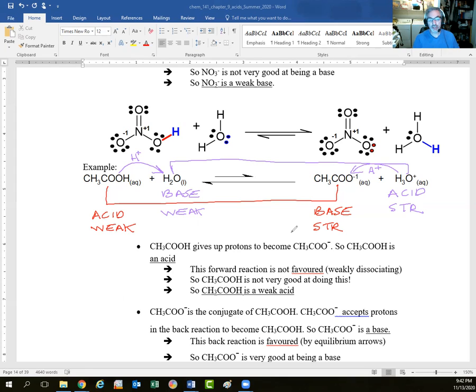So if the acid is strong, the conjugate base is weak. If the acid is weak, the conjugate base is strong. And so as we look at the entire system, we've got one weak acid, one weak base, one strong base, one strong acid. We get a complete set, so to speak.